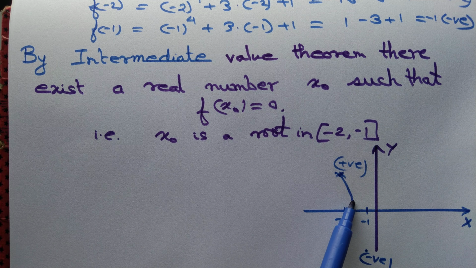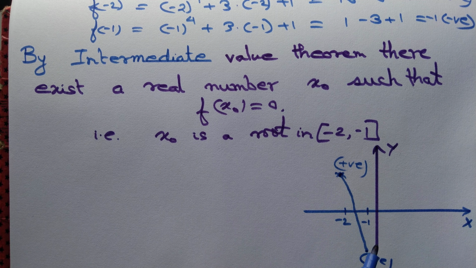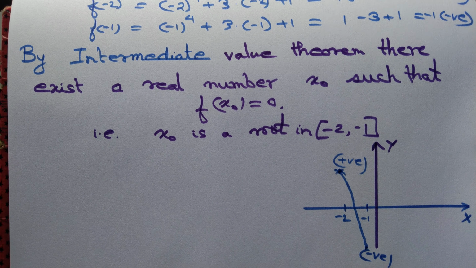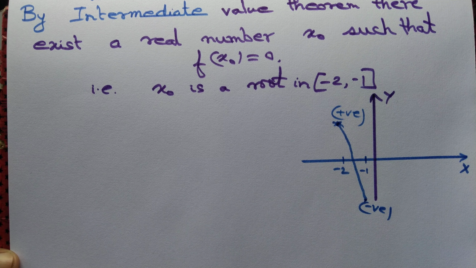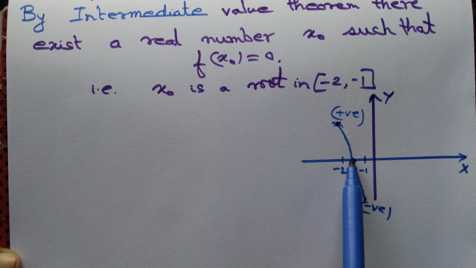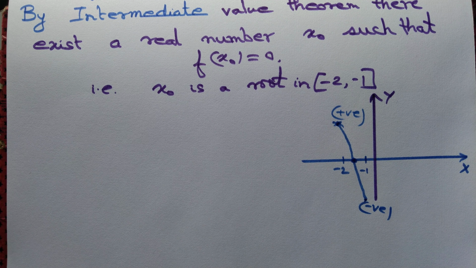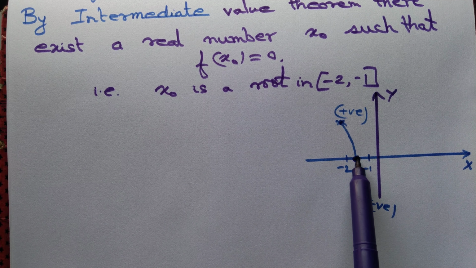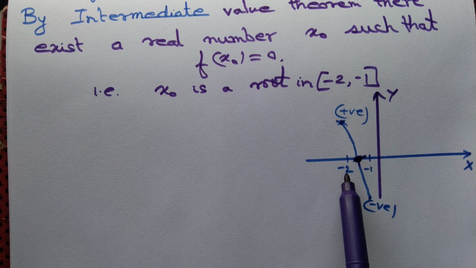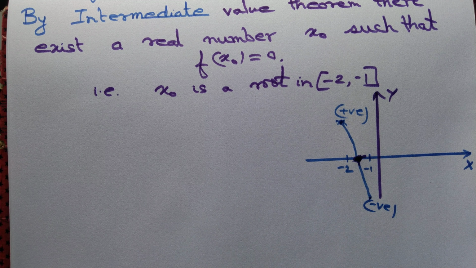When we draw a continuous curve that passes through f(-2), which is positive, and f(-1), which is negative, somewhere we must come across a situation where f(x naught) is exactly equal to 0, and x naught must lie in the interval (-2, -1).